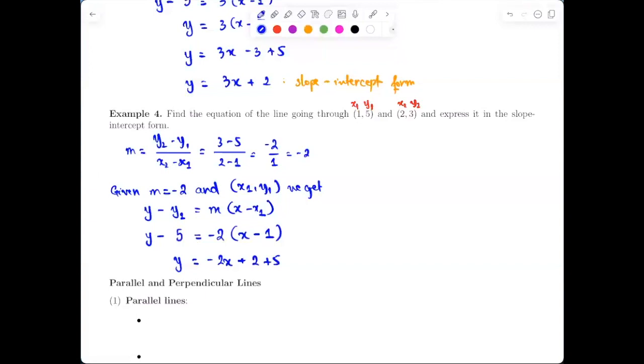And therefore, you get y equal to -2x plus 7. And this is the slope-intercept form. Any questions?